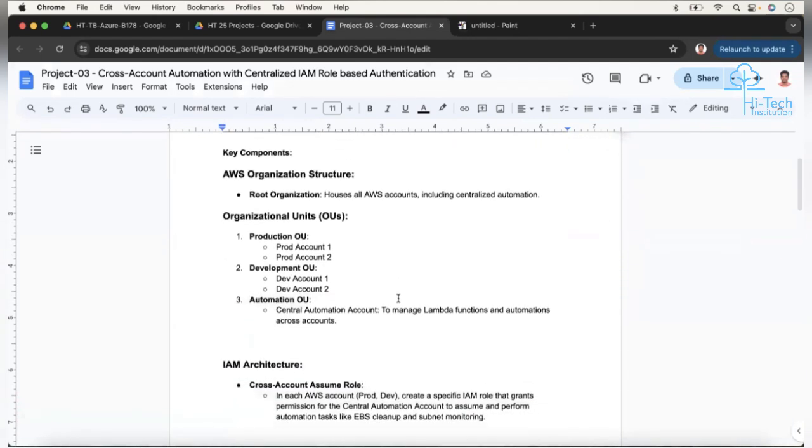So imagine how your key component, your AWS organization structure, looks. You know, root organization houses all AWS accounts, including centralized automation. You must be knowing it already, if you were part of last project 2. Root organization where you will have a master account. Under that all your AWS accounts are available.